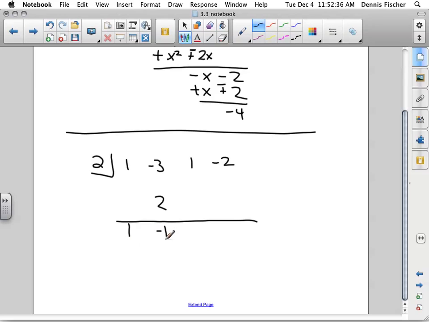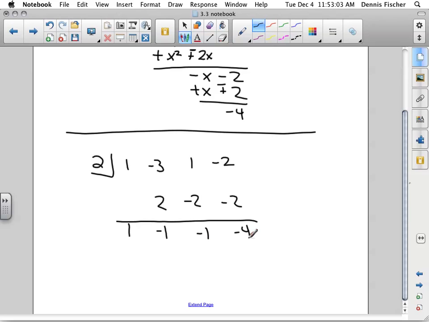I just brought the 1 down, then 2 times 1 is 2, add them together, got -1. 2 times a -1 is -2, add them together, -3... 2 times a -1 is -2, add them together, -1. 2 times a -2 is -4, add them together, -4.